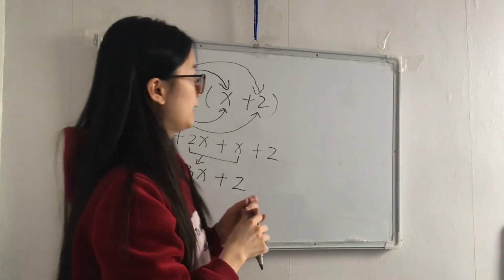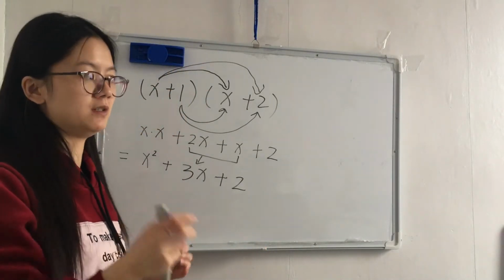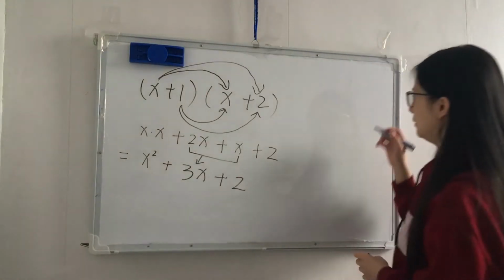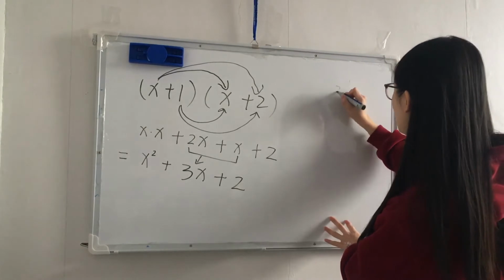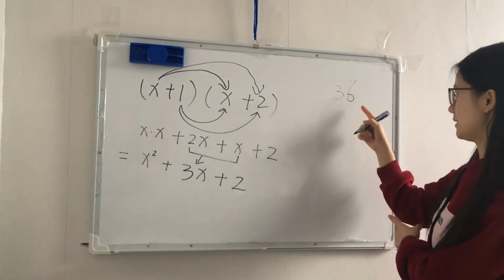And then I also want to record what is factoring. I think we learned it 2 weeks ago. For example, 36. What are the factors for 36?